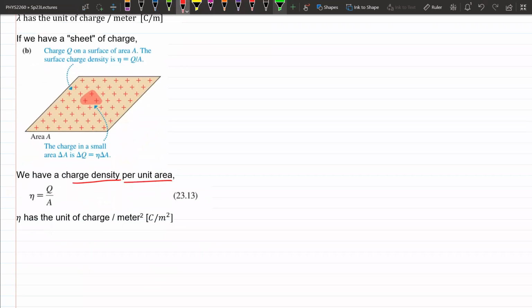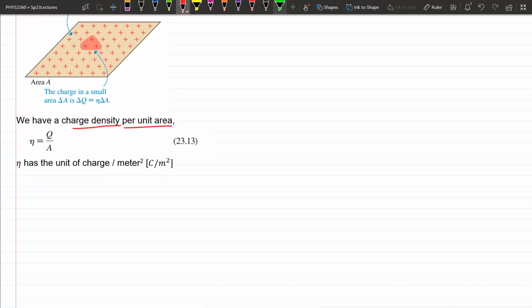So there's the length charge density, and now there's an area charge density. Guess what we're going to have next though. The area charge density is going to have this Greek letter eta. The way I write this is just like an N that has an extra long tail to it. It's just the amount of charge per area.